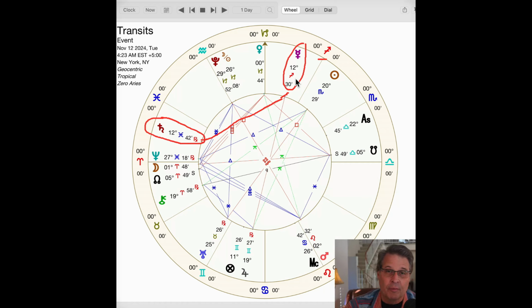But Saturn, from the standpoint of a square with Mercury, could definitely confuse communication, so that you had to come back and straighten it out. Or you had to come back and stop and think, wow, how am I communicating with people around me right now? So be careful with that. And Saturn is over there in the 12th house. That can be confining. So this is one of those days.